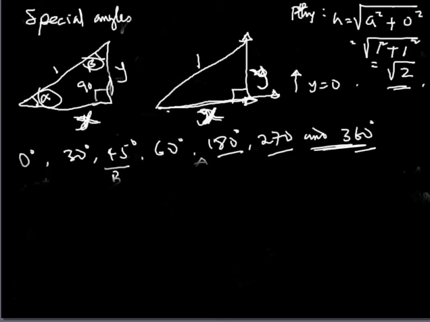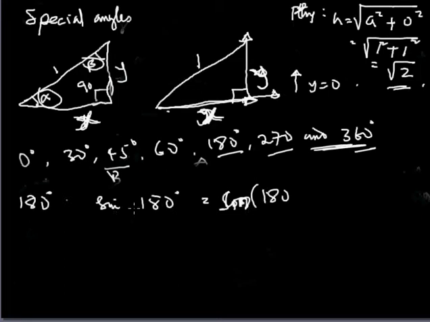Angle 180 degree means that sine 180 degree is equal to sine of 180 degree minus 0, which is sine 0, which is equal to 0.